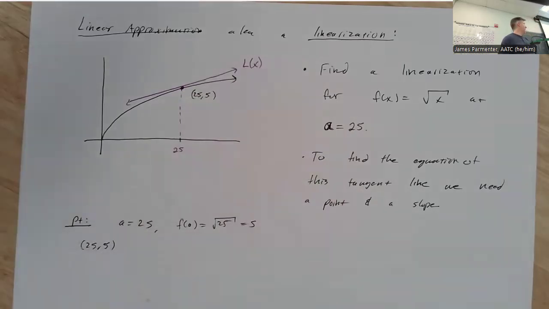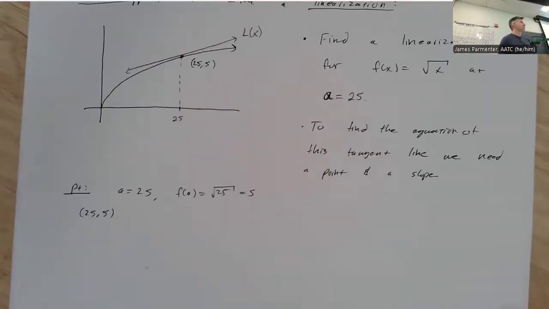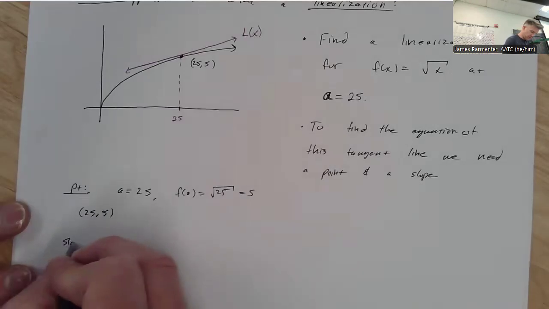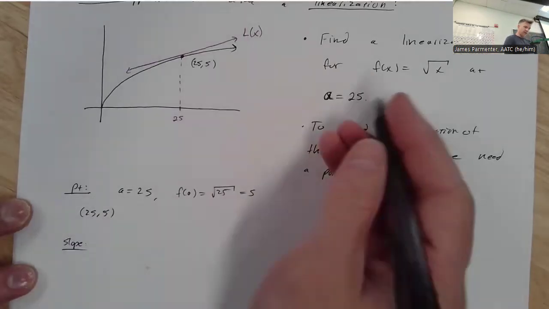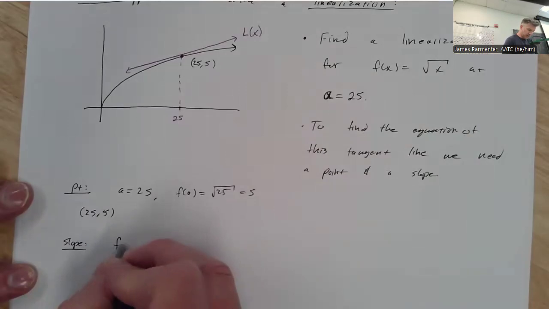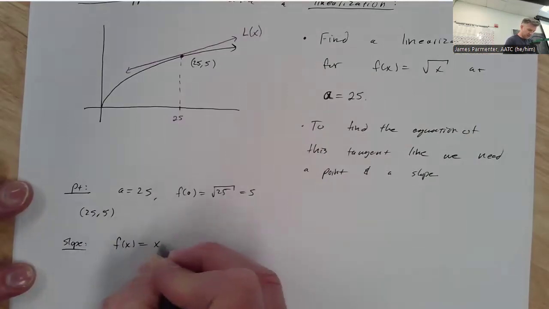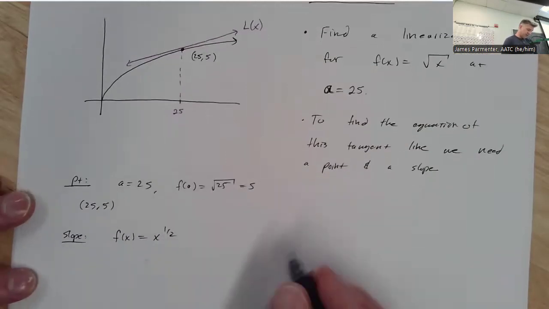How do we find the slope of a tangent line? Exactly, we take the derivative. So to find the slope, we're going to take our function f of x equals the square root of x, or as I would maybe write f of x equal to x to the 1/2, and then take the derivative.